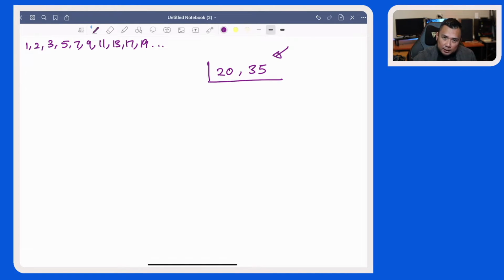So I'm just going to leave it as it is first. And again, this step of listing the prime numbers is not necessary as long as you know the prime numbers by heart.